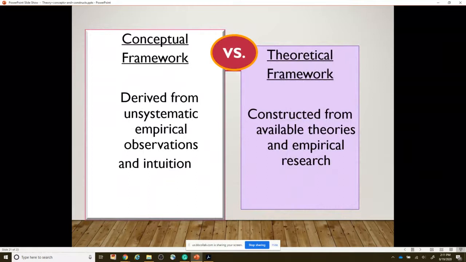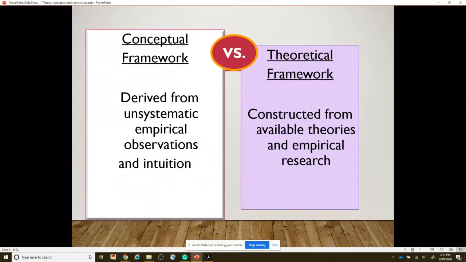Conceptual frameworks are derived from unsystematic empirical observations and intuitions, or non-scientific observations and intuition, whereas theoretical frameworks are created from theories and from research itself.